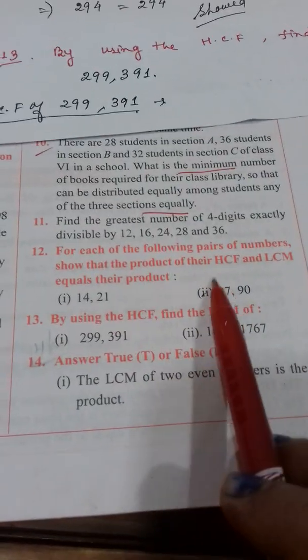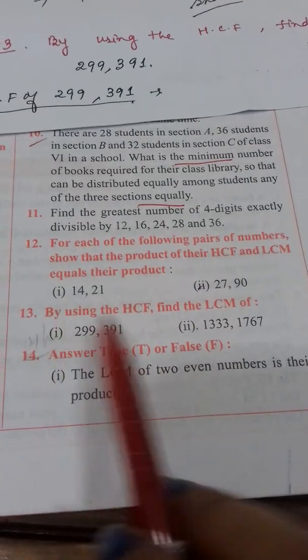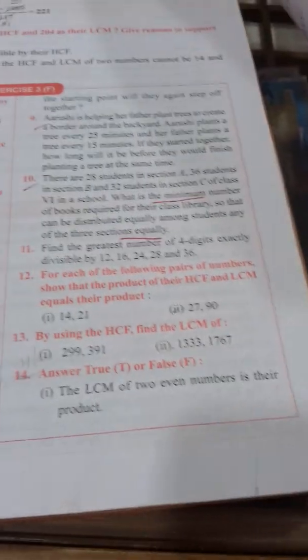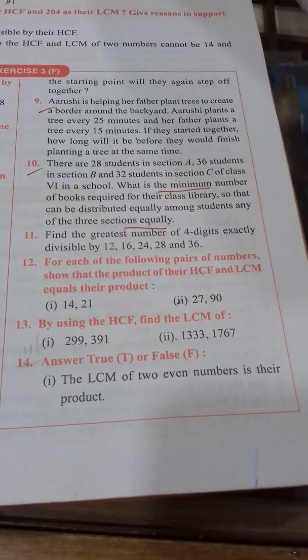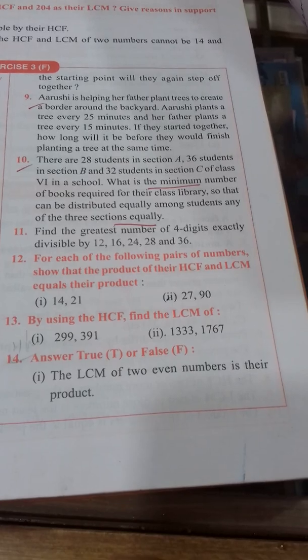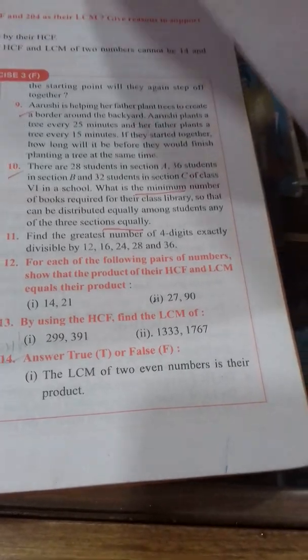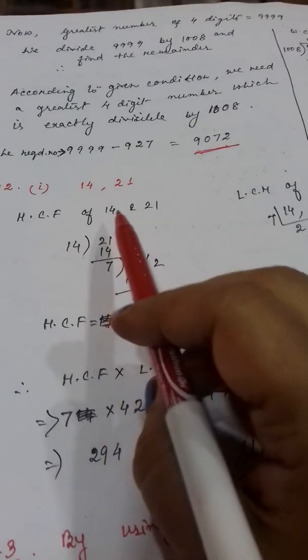From 12, I have shown one, and from 13, I have shown one. Question 12 says, for each of the following pairs of numbers, show that the product of the HCF and LCM is equal to their product. Question 1 I have shown.